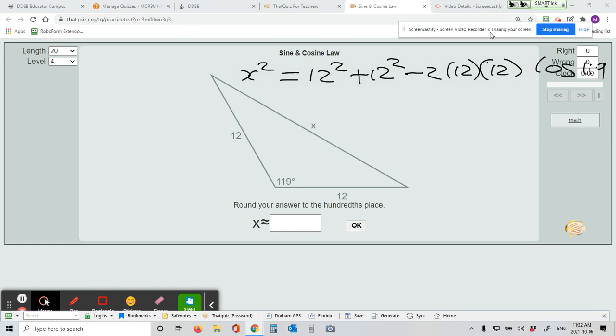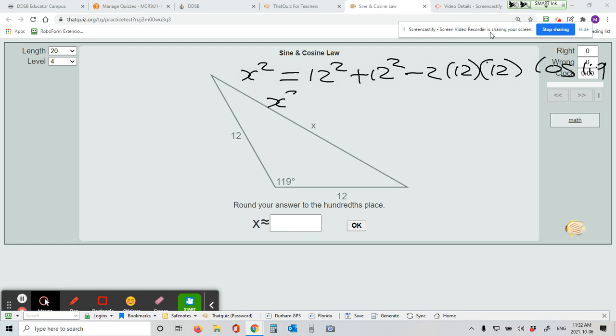When you're trying to find a side, it's not that hard, right? If it's a cosine law, you're going to have two sides that have the included angle, the angle that's in between the two sides. That's a definite hint that you need the cosine law. We're trying to find the side that's opposite to that known angle. So let's work this through.